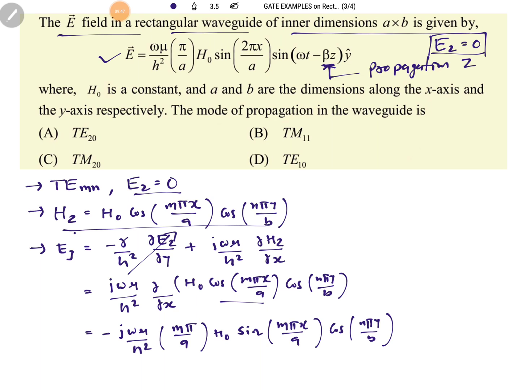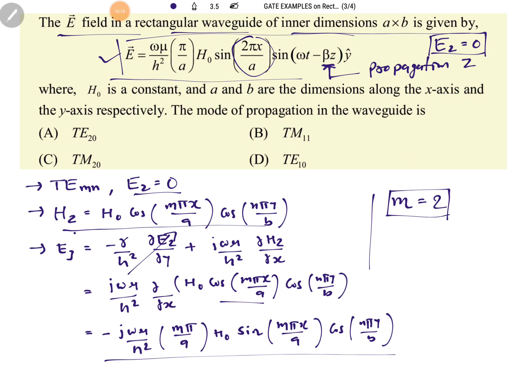Now if you compare this equation with the given equation in the question, you see the sine term has m pi x by a, and over here it is 2 pi x by a. So if you compare that, you will find the value of m equals 2. And from this basic comparison we can say n equals 0.